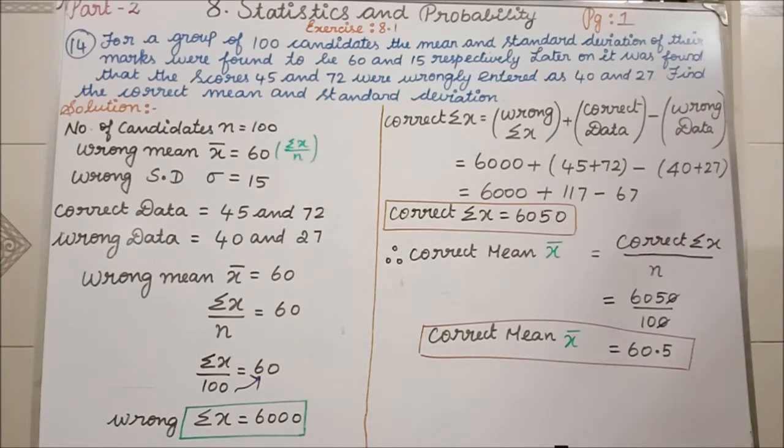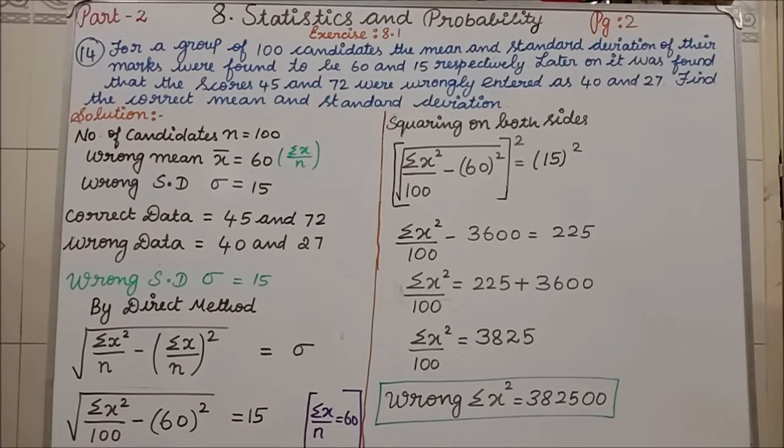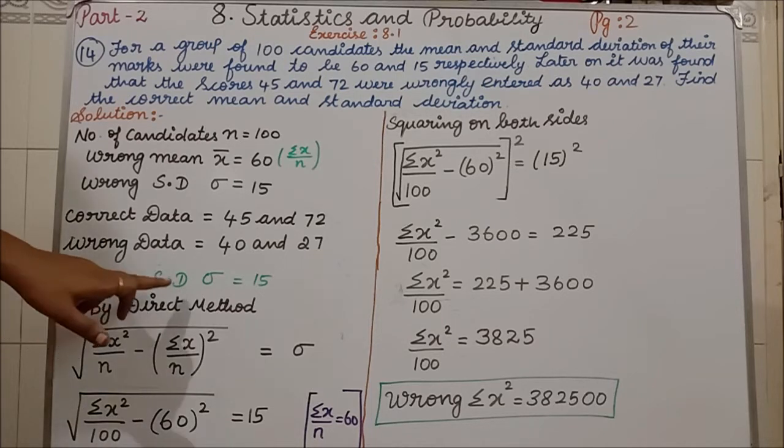The same procedure I will follow for the correct standard deviation also. Clear? This is page number 2. I have written the same step, so you need not write one more time; for your understanding, I have written it again. After the last step on page number 1, you are going to continue from wrong standard deviation sigma equal to 15.